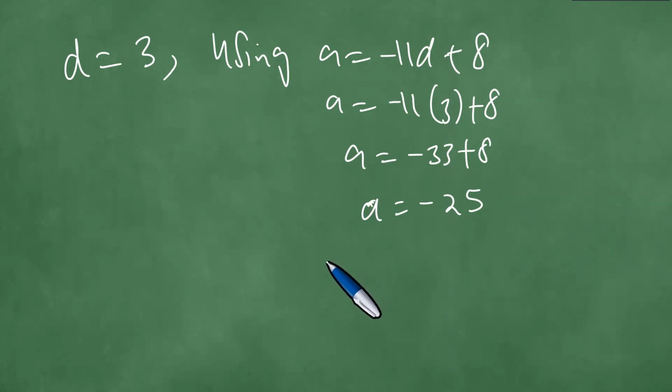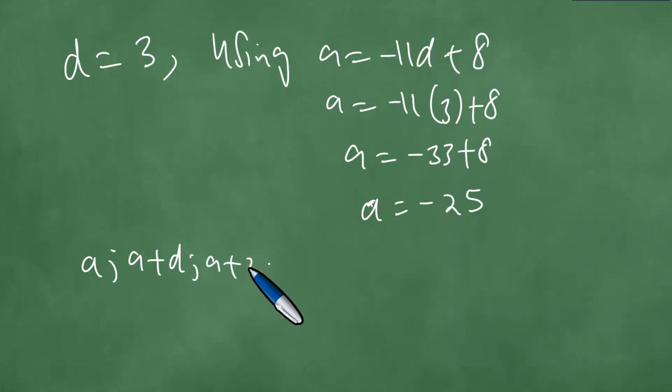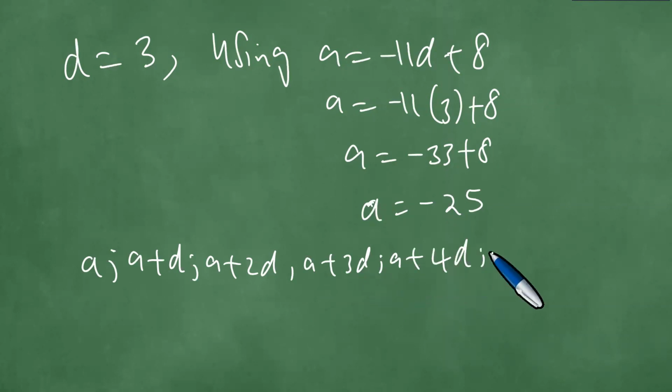All right, with this, we need to find the sequence. Sequences are always the first term, a. Then the next term is always a plus d, after that a plus 2d. You just keep adding d: a plus 3d, a plus 4d, and so on.